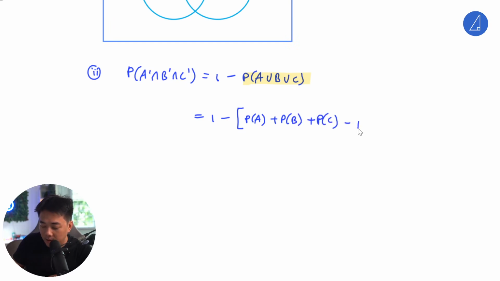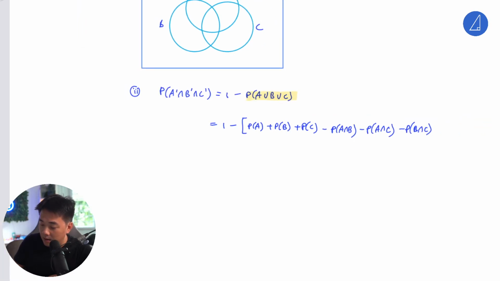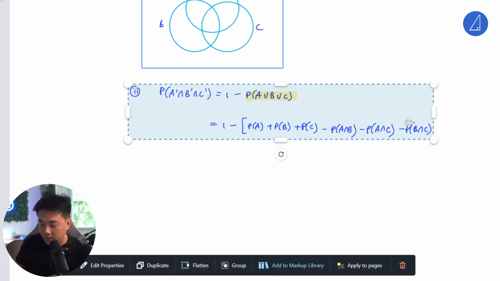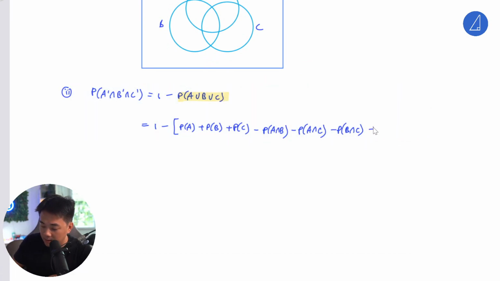Then what you need to do is just minus P(A∩B), minus P(A∩C), and minus P(B∩C), if you want in orderly fashion. Then you add back the middle part. So this guy will be plus P(A∩B∩C).